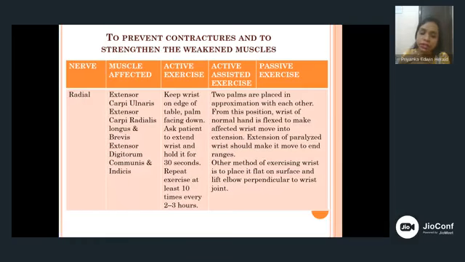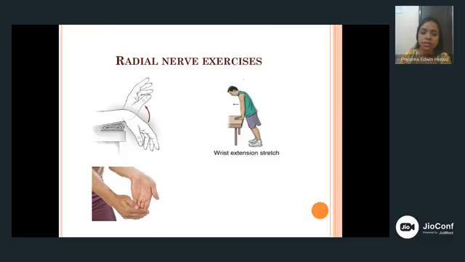Next, for the radial nerve, very simple, wrist extension. So if the patient is able to extend the wrist, then the patient is asked to extend the wrist as often as possible and repeat these exercises every 2 to 3 hours. And if he is not able to do so, then we can take the unaffected hand and extend and stretch the affected hand, or we can do this exercise on the table also for stretching and extending the wrist.